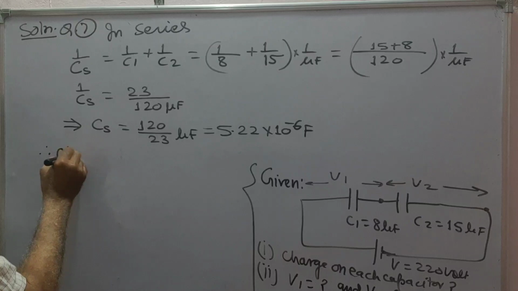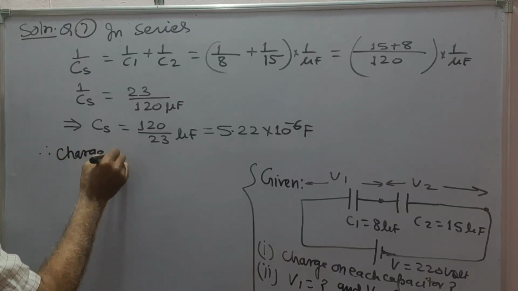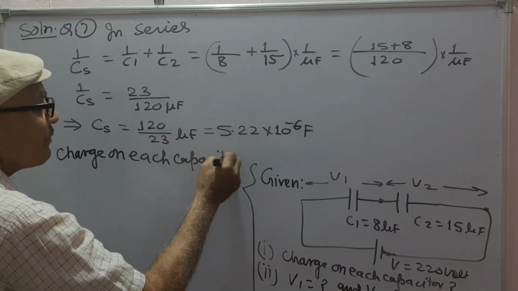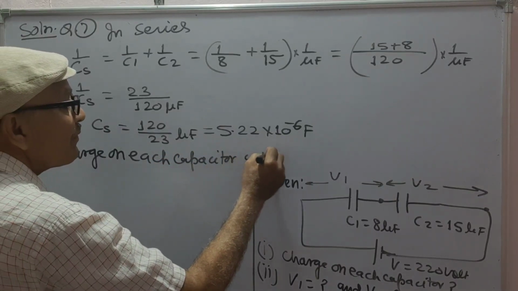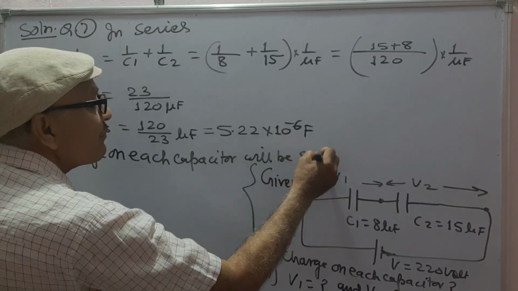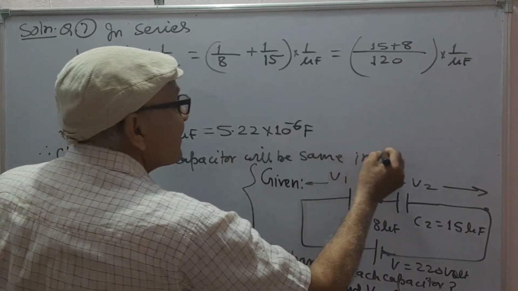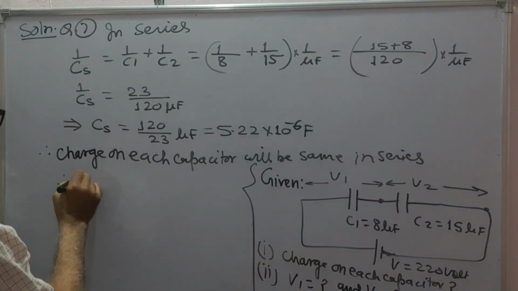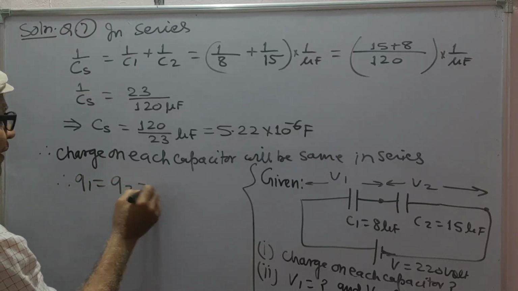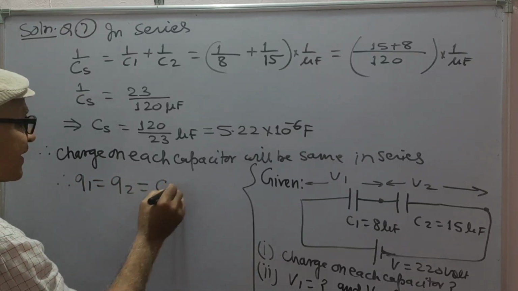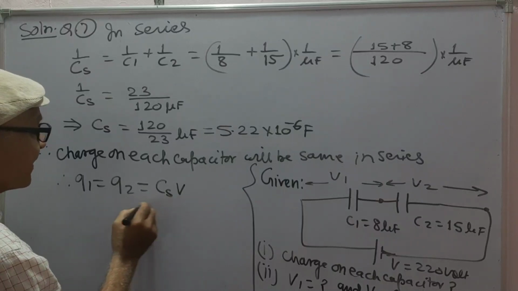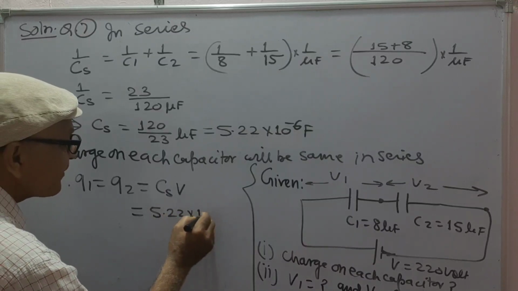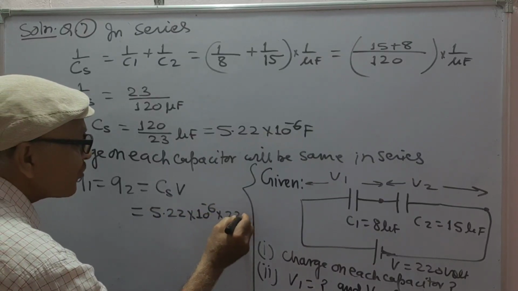Therefore, charge on each capacitor will be same in series. Therefore, Q1 will be equal to Q2 is equal to C series into V. That is, C series is 5.22 into 10 to minus 6, V is 220.